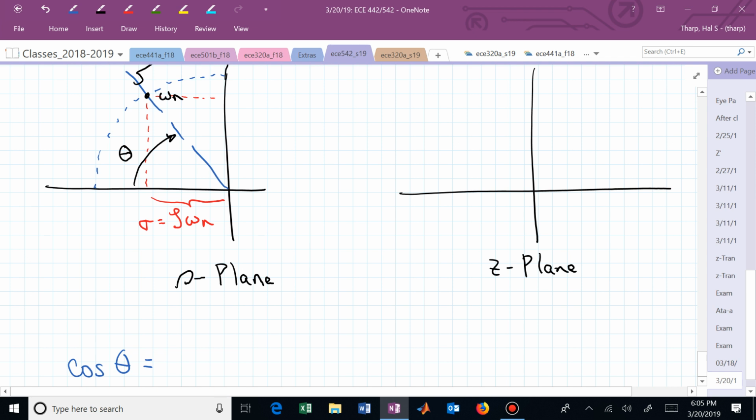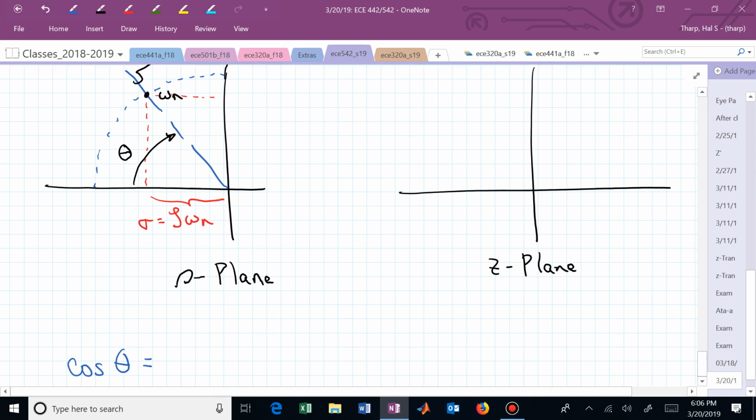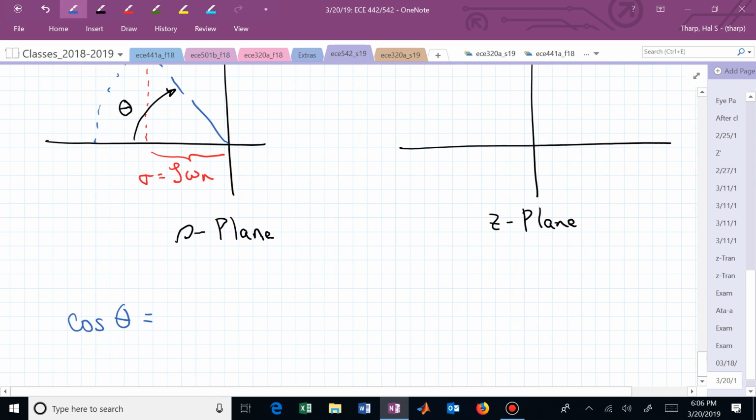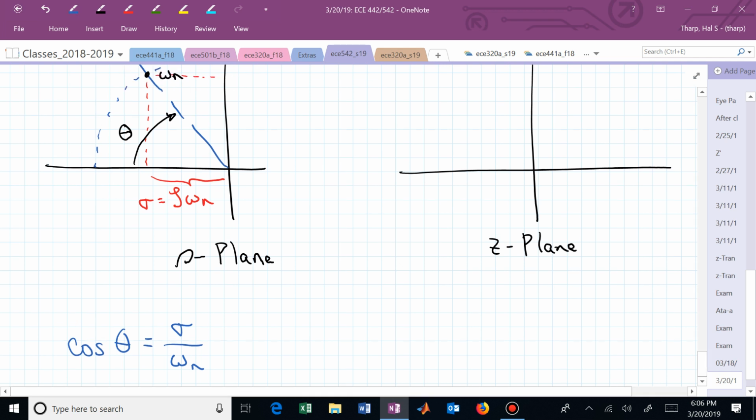Cosine of theta, in trigonometric terms, is adjacent over hypotenuse, isn't it? In this case, what's the adjacent length? Isn't that sigma over the hypotenuse, which is omega sub n? That's the cosine of theta, the way we define theta, and omega sub n and sigma.